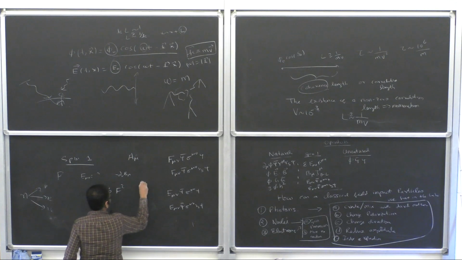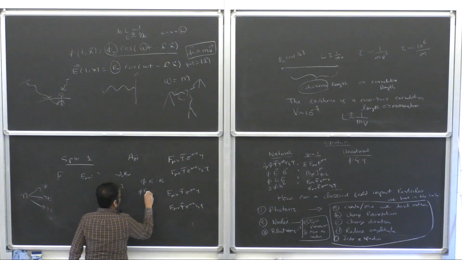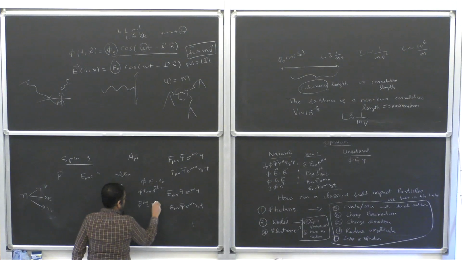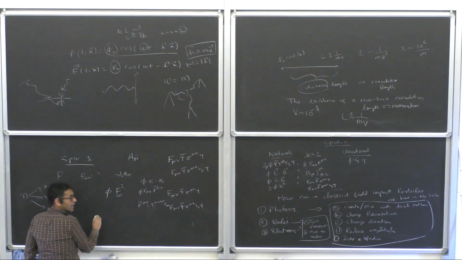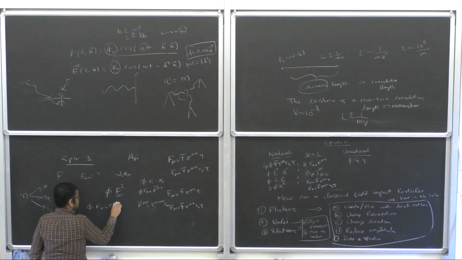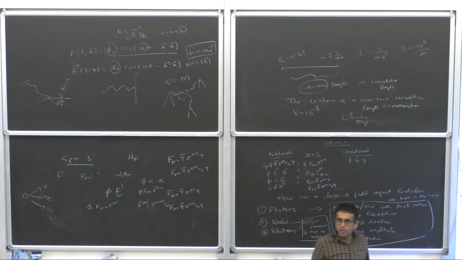We wrote down phi E dot B, which is for the axion, phi F mu nu F mu nu dual, where F mu nu dual is epsilon mu nu lambda sigma F lambda sigma. But this is the regular F squared, so this is just phi F mu nu F mu nu. And that directly couples the photon to E squared minus B squared.